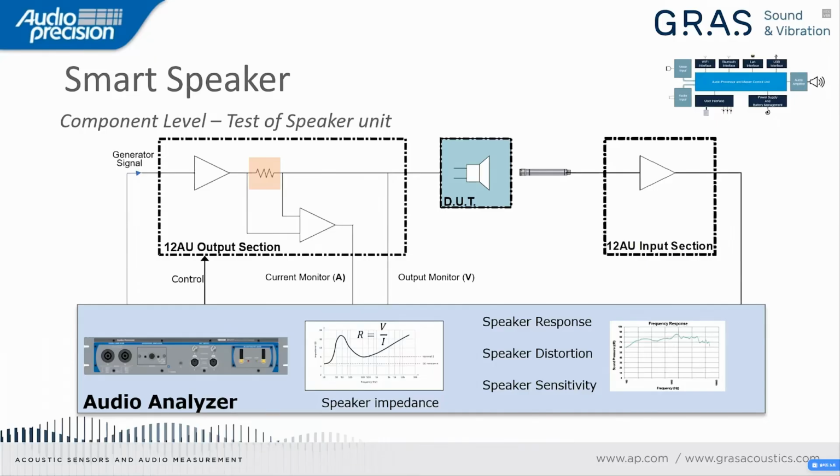This resistor will sense, actually measure, a voltage, but we are also measuring the voltage across the speaker, and in this way we are able to calculate the speaker impedance. So we can calculate the speaker impedance as a function of frequency, because it will change over the entire frequency range.